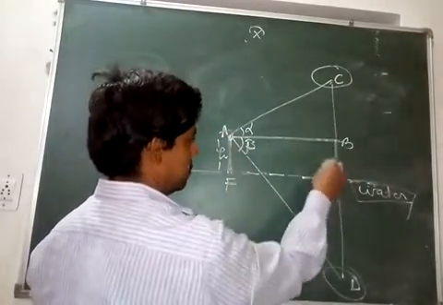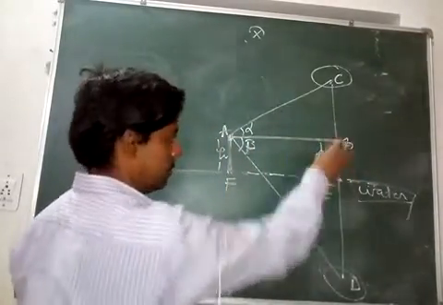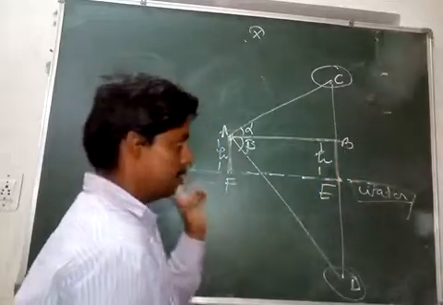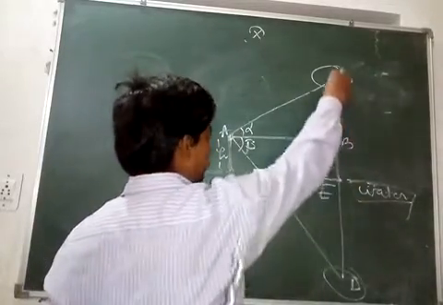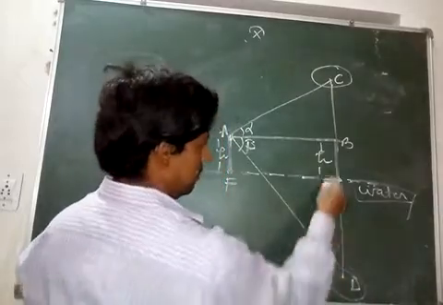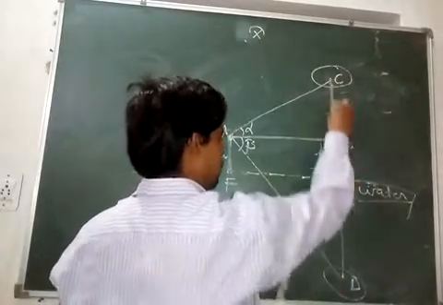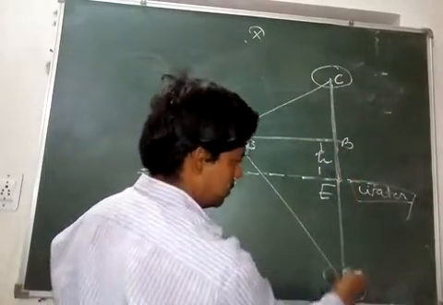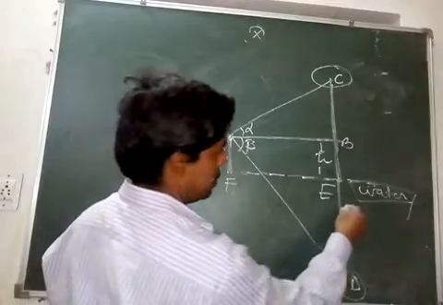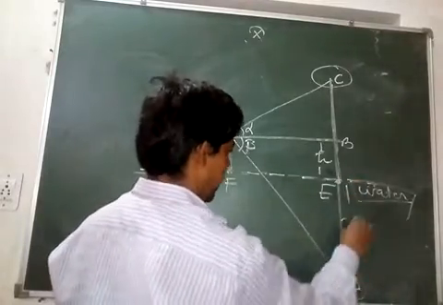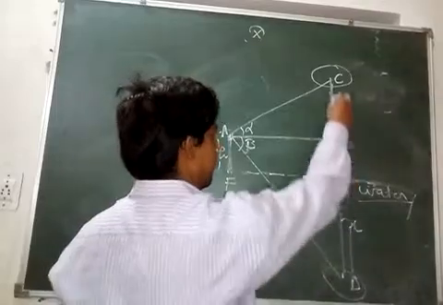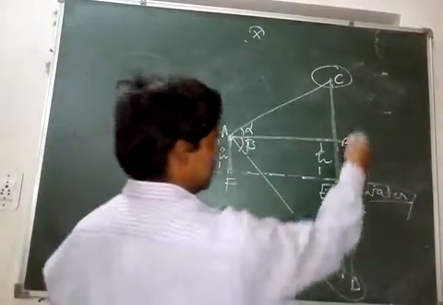AF is equal to BE, so this is also H. By symmetry, we can say this is a rectangle. If I take the lower distance here as x, then this complete distance here is also x.